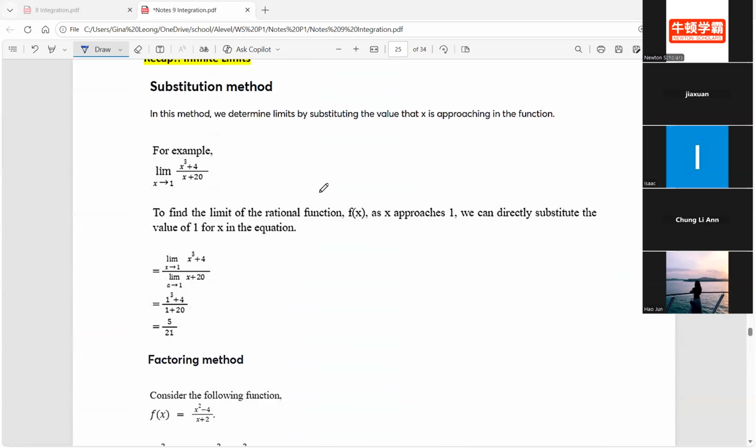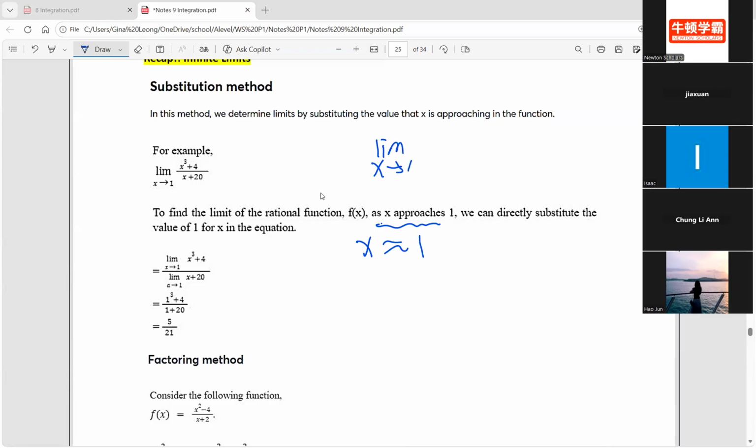I know this one is very hard. This topic on integration, the earlier parts are all very easy. Only this part. That's why I said when I get to this part, I will go very slowly. I repeat again the limit. What is meant by limit? Limit means that the x value approaches 1. For example, he said LIM is limit, limit to 1.